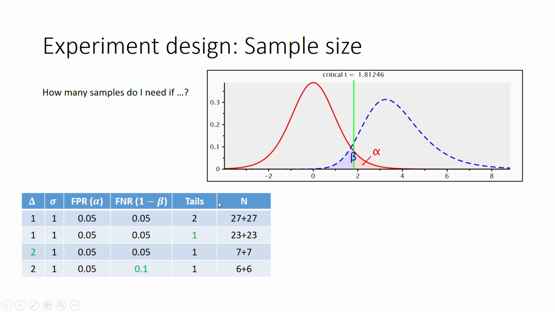This calculation is performed by comparing the expected distribution of the statistic that you will test at the end, if the null hypothesis is true, in red, and if the alternative hypothesis is true, here in blue. And then these areas are the alpha and beta. So you see that if what you want to detect is of the same size as the noise, and you want to be very accurate, then you need more animals.